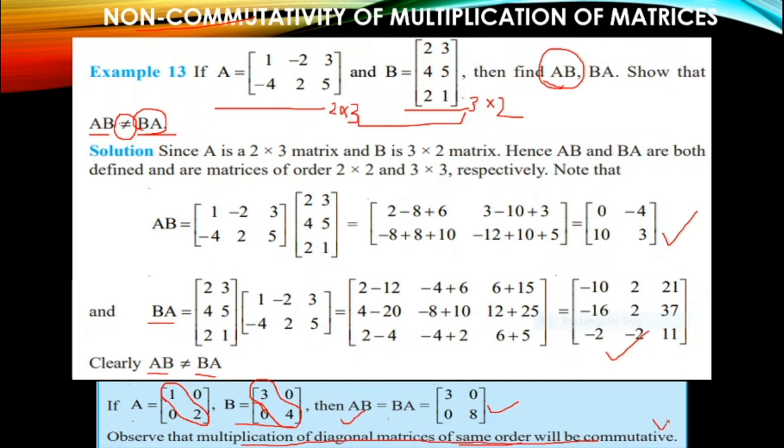Don't forget this, okay? Next, zero matrix as a product of two non-zero matrices. It's telling if we have two non-zero matrices, that is matrix A is non-zero. To make it clear, zero matrix means all elements are 0. Here all elements are not 0, only two elements are 0. So this is not a zero matrix.